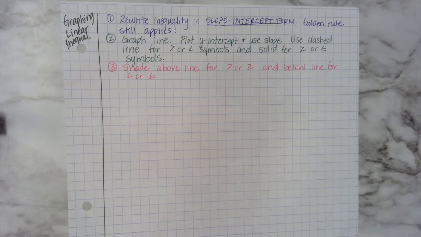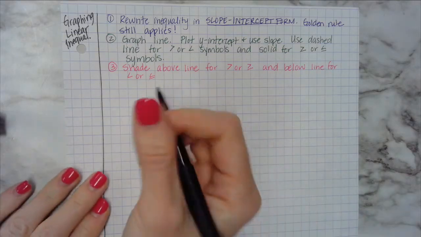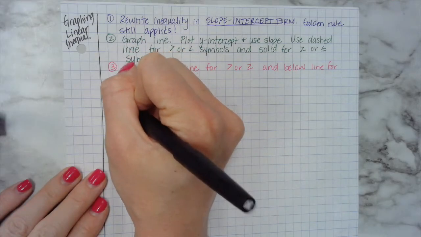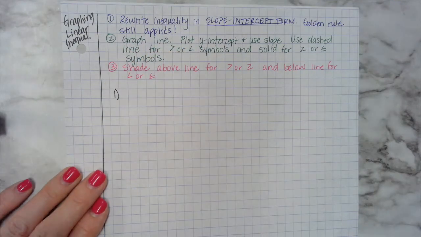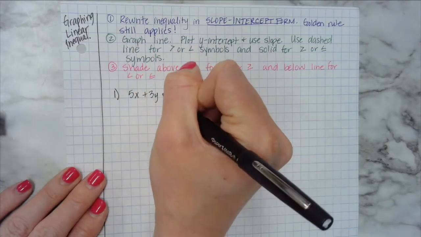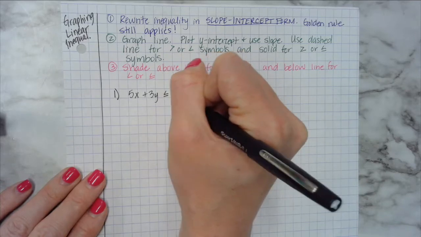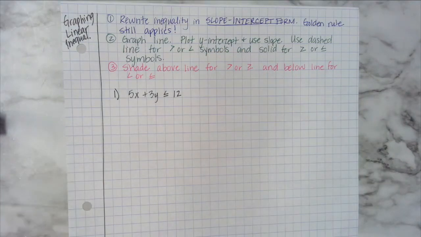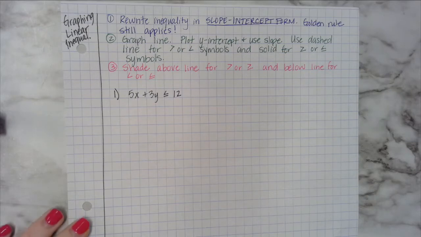And so we're going to take a look at some examples here. The first one we're going to take a look at, so example 1, is 5x plus 3y is less than or equal to 12. And so following our steps, the first thing we want to do is rewrite the inequality in slope-intercept form.